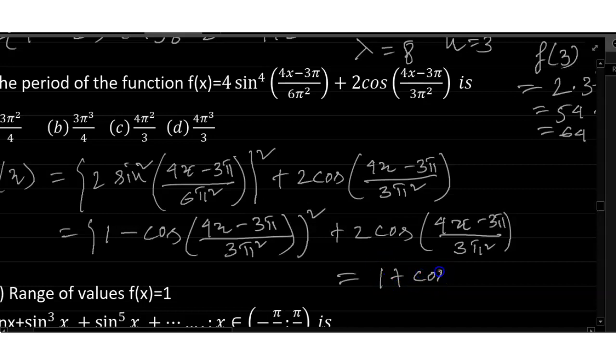So I apply this and I get 1 plus cos square (4x minus 3 pi divided by 3 pi square).